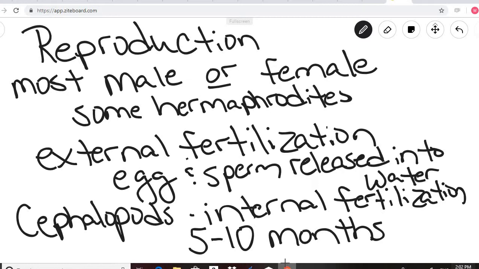The female will watch over those eggs for 5 to 10 months, and then she dies soon after those eggs hatch. Okay, so that finishes up the mollusks, the phylum Mollusca.